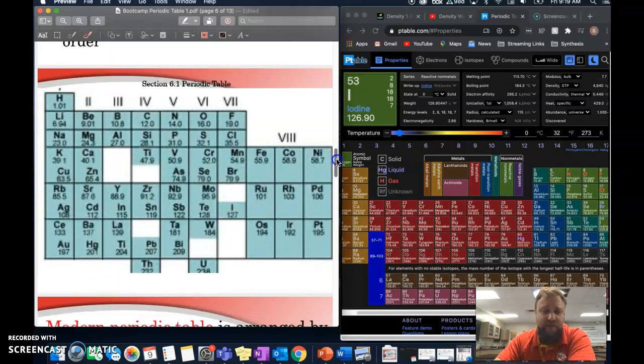So here's an example of what his original periodic table looked like. It's changed quite a bit, but one thing you'll notice is that there's these spaces here. So what made his periodic table and people feel like they feel that it was correct was once more and more elements started being discovered, they started fitting in the spots that Mendeleev said they would.